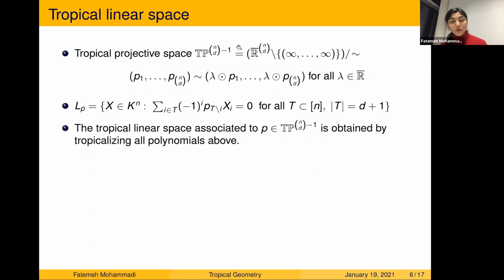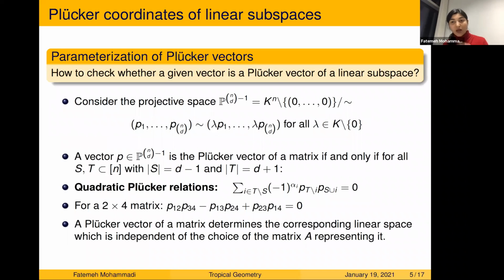Okay, so I think there's a question. Sean asked, what was alpha I in the previous slide? Oh, by alpha I, no, I haven't told you. So you take a d+1 subset S, you remove i, and this is an ordered set, right?